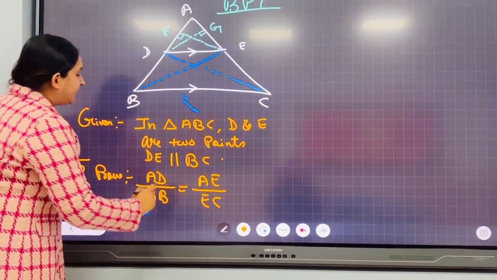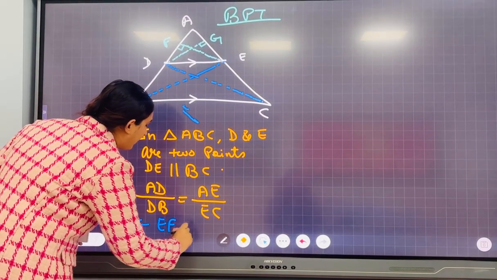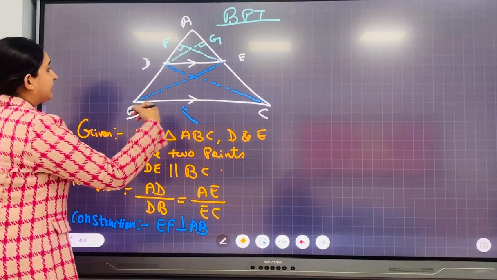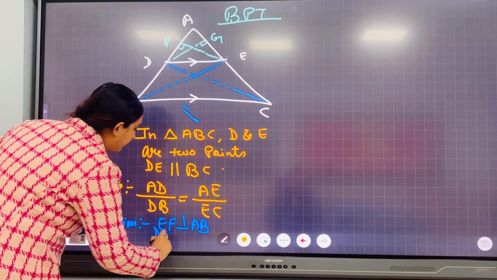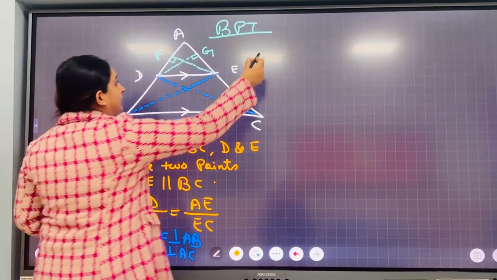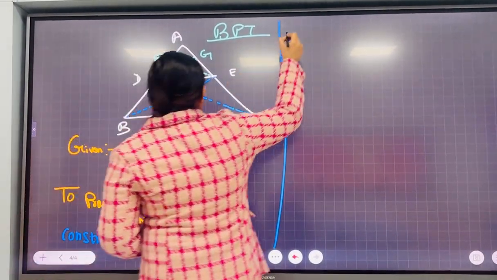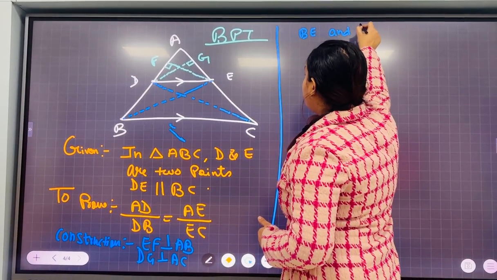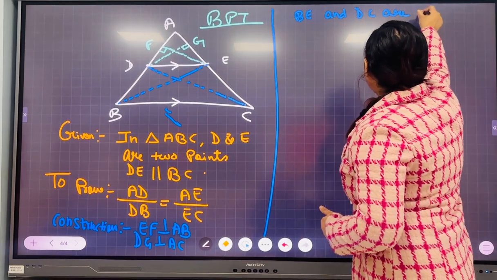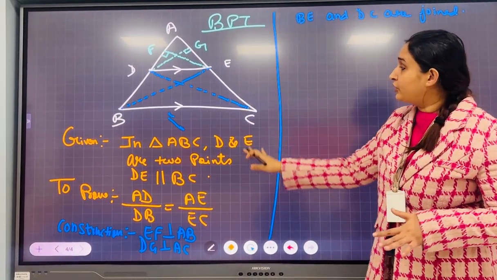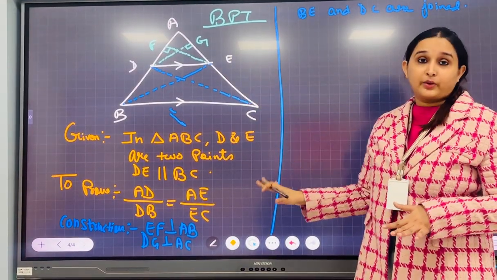Construction: EF perpendicular on AB and DG perpendicular on AC. The other part of the construction is that I have joined DE and DC. So this is the construction part which we did for proving this question.